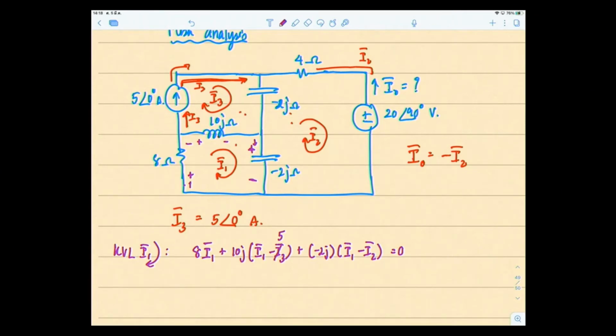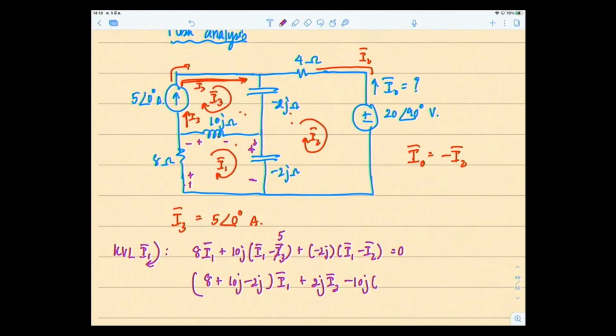When we group I1 and I2 together, you have 8 plus 10J minus 2J I1 plus 2J I2, minus 10J I3.